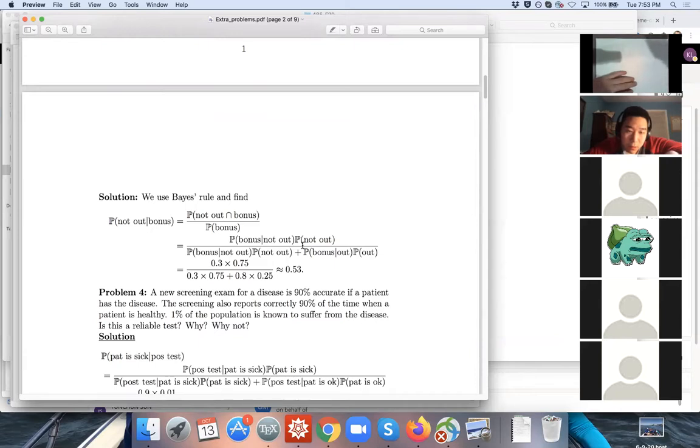The first patient in that school tested positive. So a natural question to ask is, what is the probability that this patient that tested positive is actually sick? That would be something that I would like to know. And to answer that question, we need to know Bayes' rule.